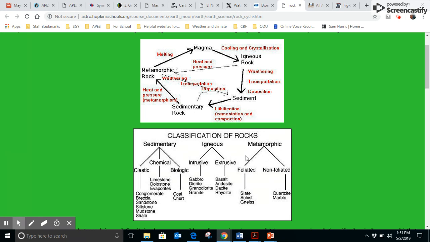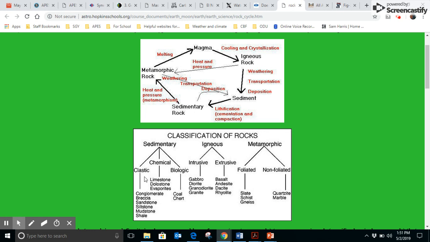Since I was talking about metamorphic rocks also, it's important to know marble for the same reasons that I was talking about, also because it can dissolve. These beautiful marble statues, marble banks, whatever it might be, the Arlington cemeteries, they could potentially dissolve with acid rain. And that would be a problem as well.